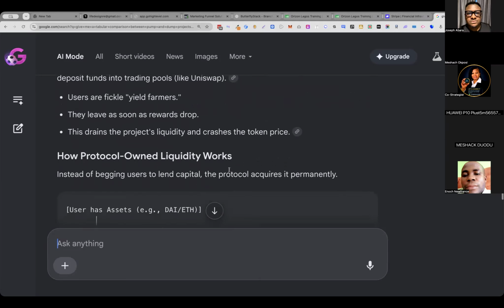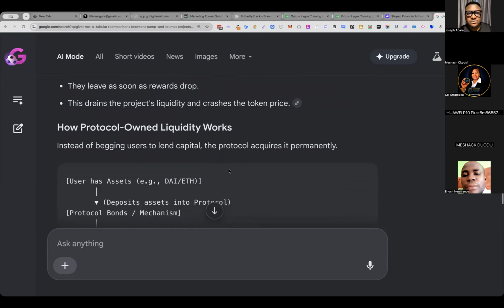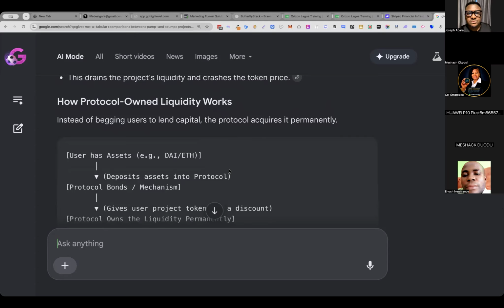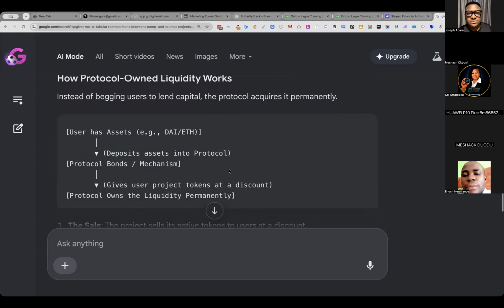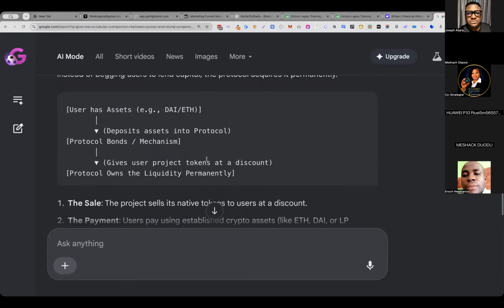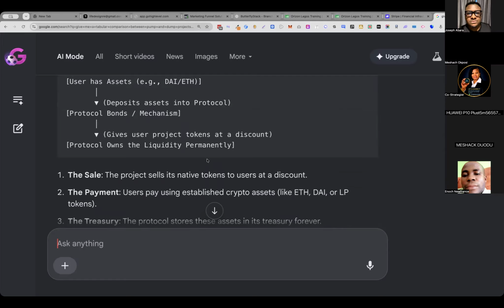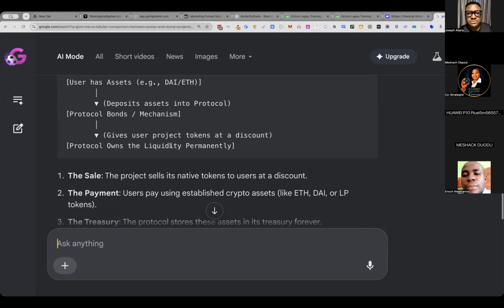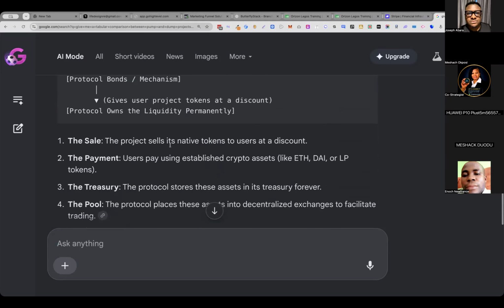So how does protocol-owned liquidity solve this problem? Instead of begging users to lend capital, the project acquires it permanently. In this model, the user has assets like DAI or Ethereum and deposits them into the protocol through what they call a bond mechanism. The project gives that user tokens at a discount. The money the user pays to buy those tokens is deposited in the treasury and remains there permanently.